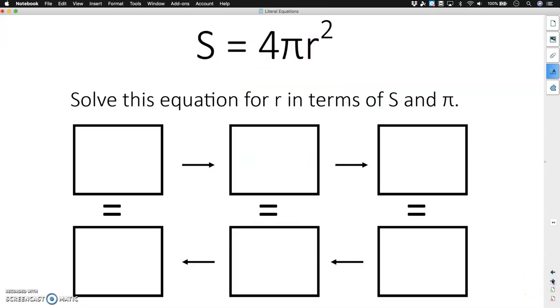Next, we have s is equal to 4 pi r squared. We're solving this equation for r in terms of s and pi. Remember, the in terms of just means that's what's going to be on the other side of the equal sign. We're going to have r by itself, and we're going to have an s and pi on the other side. Okay, so we're solving for r. So we have to figure out what happened to r.